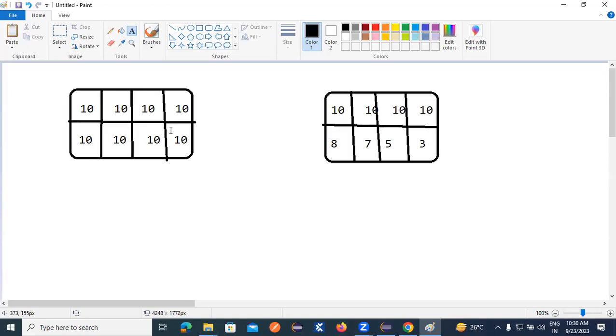These 40 requirements, I need to execute again and again.